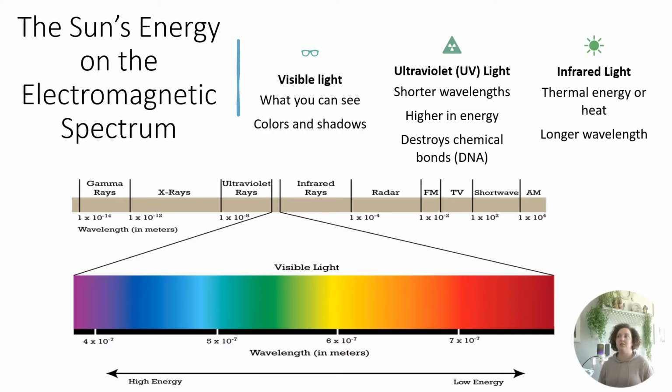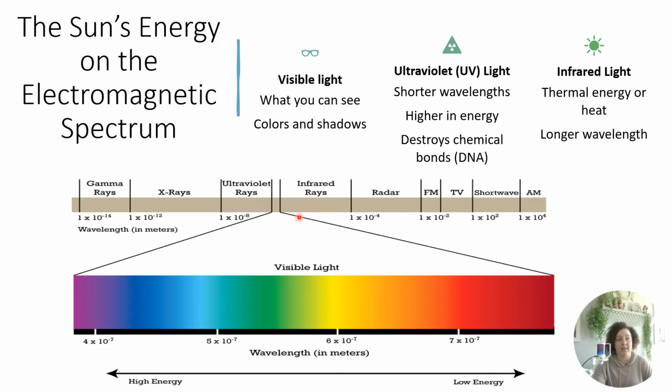We talked in the last lesson about how ultraviolet light is being absorbed by the ozone, because if it came in contact with our skin cells, we would essentially kill off those cells, causing sunburns, or even worse, they start to multiply and mutate in a way that can cause things like melanoma and other sorts of cancers. So that is ultraviolet light. When we're talking about it, we tend to think more along that purpley blue sort of spectrum because it's much closer to the purpley blue side of our visible light spectrum.